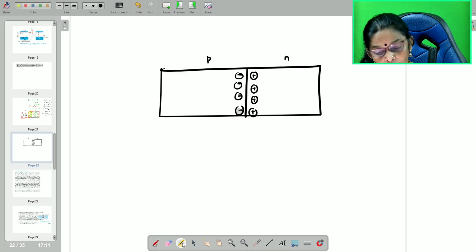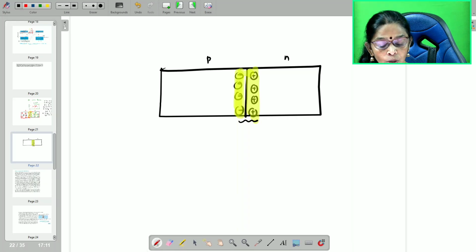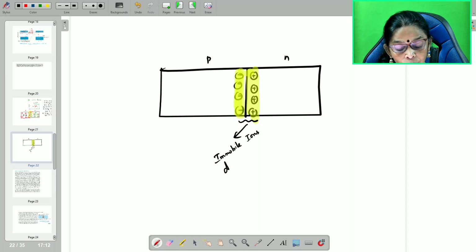This keeps on being created over here. So these two, immobile ions, immobile charges, constitute a region called the depletion region.